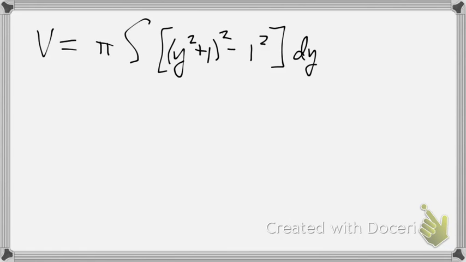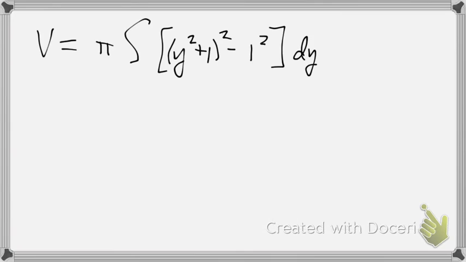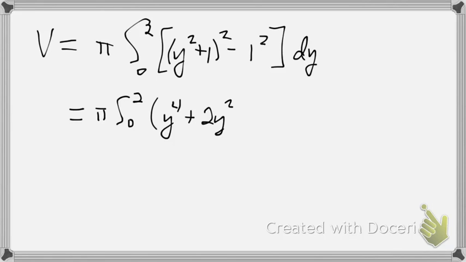We factor the pi out front, dy, limits of integration 0 to 2. So that's pi integral from 0 to 2 of y to the 4th plus 2y squared, and then we get plus 1 minus 1, right? And 1 minus 1 is 0. Just like some of you perhaps mumbled under your breath, I couldn't tell.